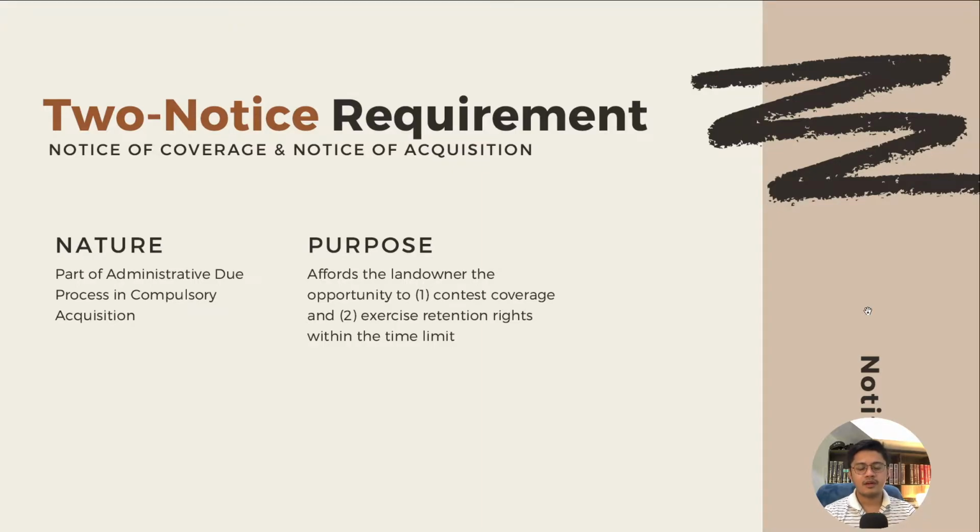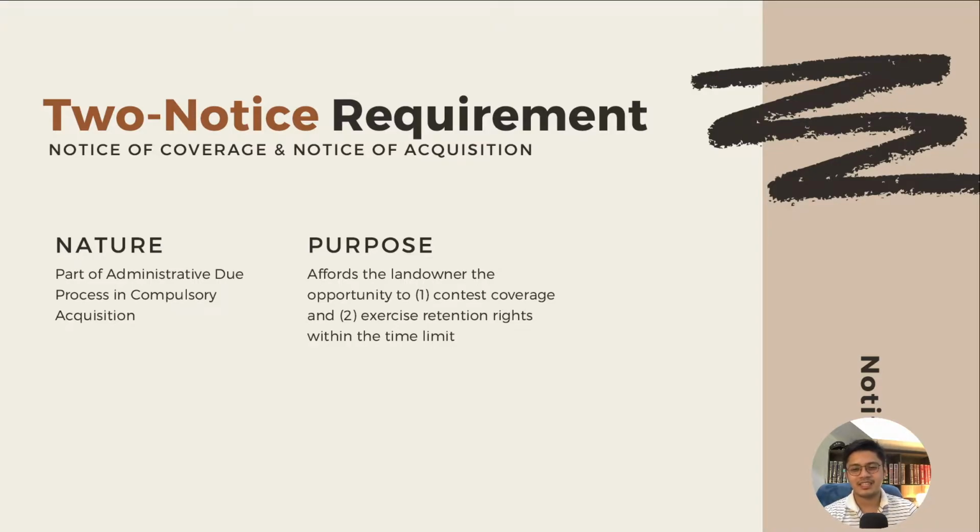Now, as I said, a notice of coverage will be served by the DAR to the landowner. It's the first notice that the DAR will send, because under the procedure for compulsory acquisition, the rules require a two notice requirement.